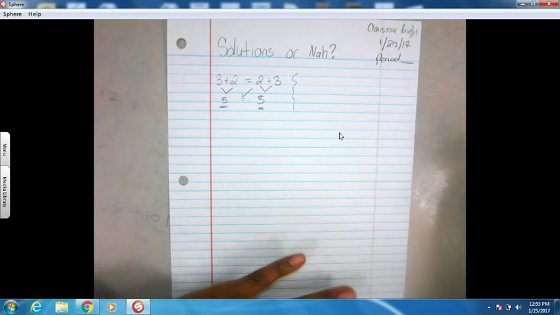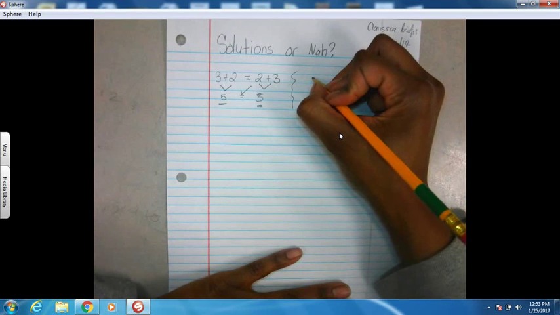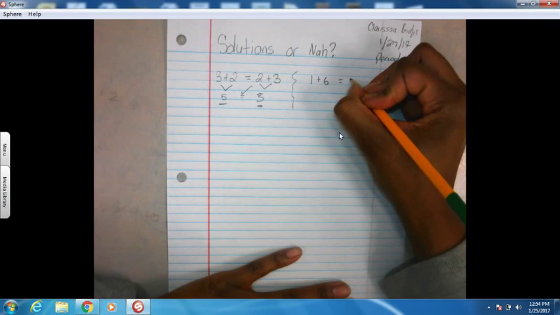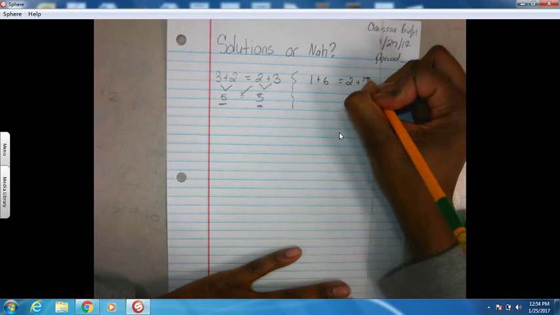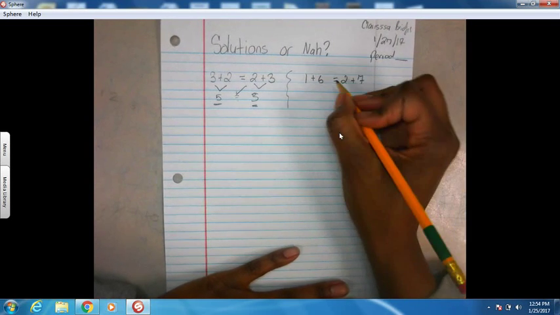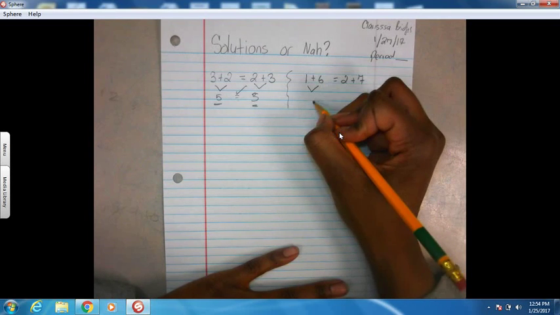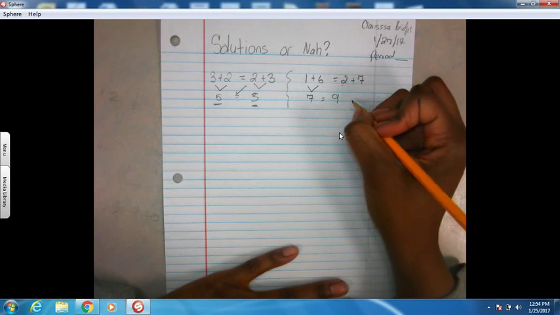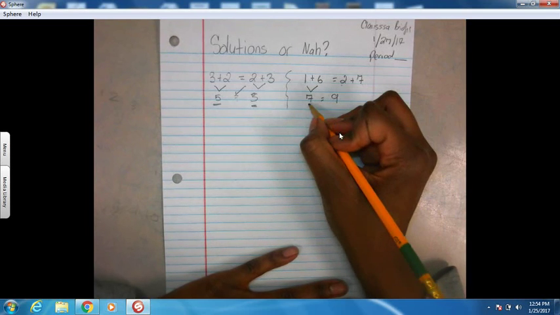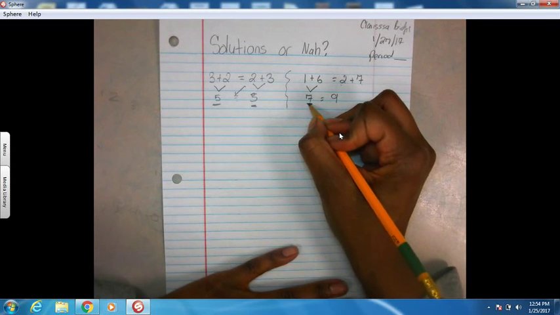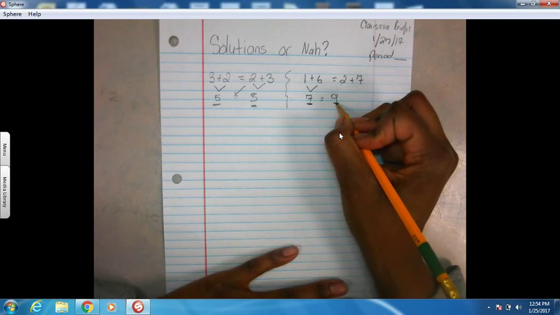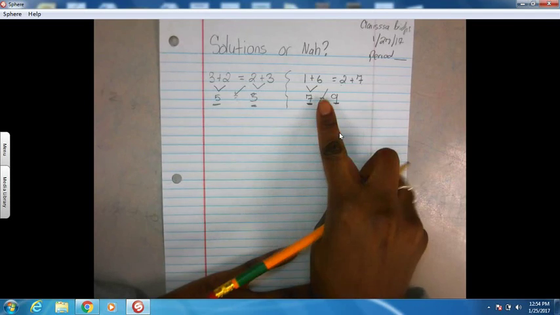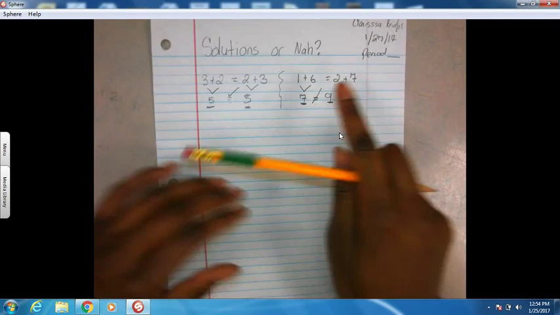But what if we had a problem like 1 plus 6 equals 2 plus 7? Well, I'm sure you can probably tell 1 plus 6 is 7 and 2 plus 7 is 9. This equation is not balanced because one side is 7 and the other side is 9. This is not equivalent. That is the symbol we use to show that an equation is not equivalent.